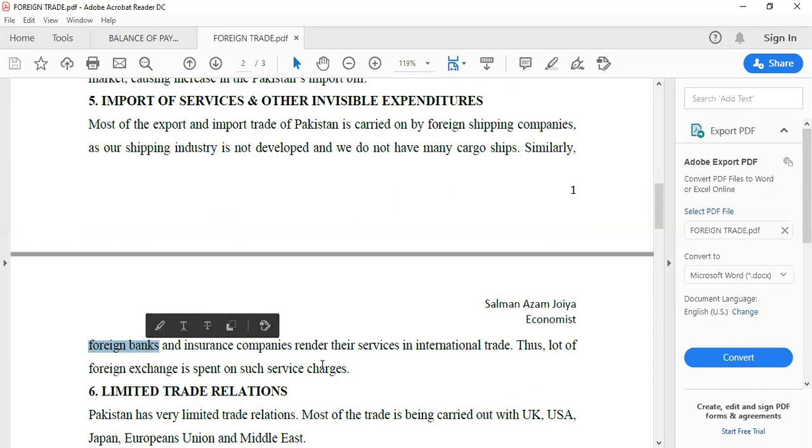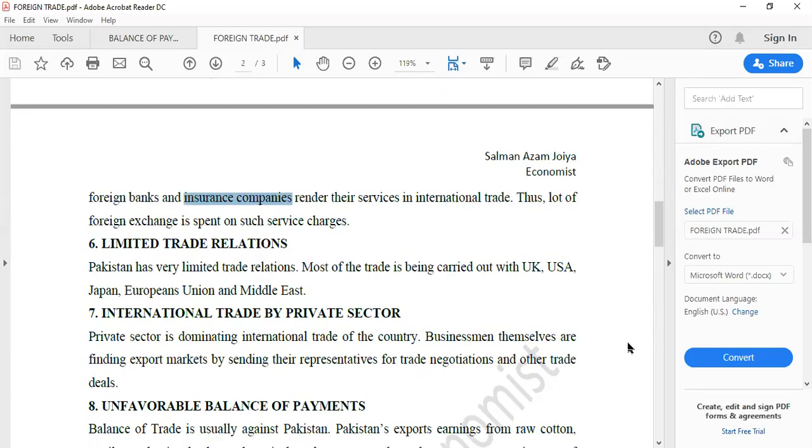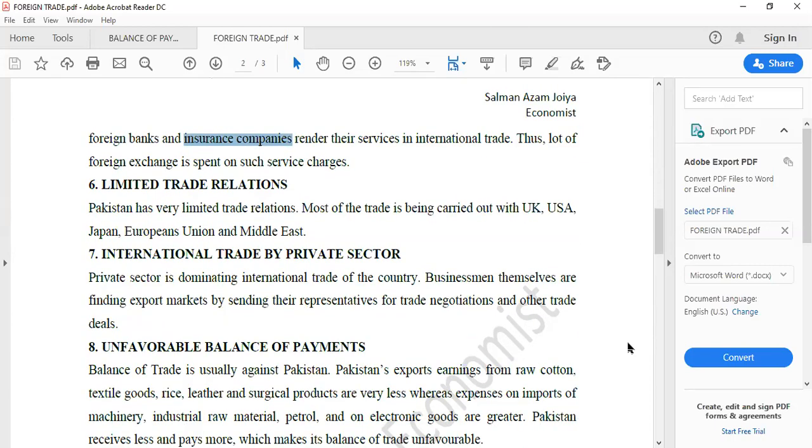Some foreigners come to work here in foreign banks, and we have people who come to work in the insurance companies. So import of services is also a burden on the imports of Pakistan or overall trade structure of Pakistan.